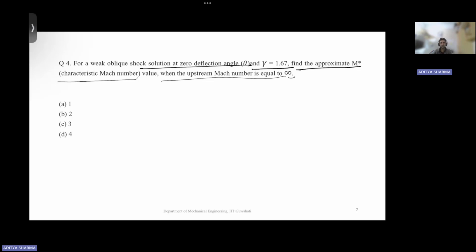When your upstream Mach number is infinity, your characteristic Mach number M star is to be found, and the formula for this is the root of gamma plus 1 over gamma minus 1.